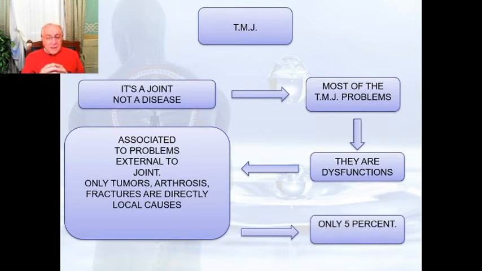Just 5% of the problems are related to tumors, arthrosis, fractures, etc. Mainly, 95% of the problems are connected with external causes that create problems in the TMJs. That is important to understand, because it is important for how to treat the TMJs.